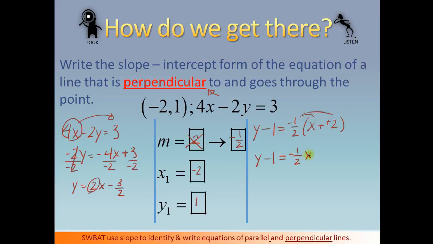Negative 1/2 x, negative times positive is negative, half of 2 is 1. I'm going to add 1 to both sides. That's going to become 0. So this becomes the equation of the line that is perpendicular to this equation and goes through this point. Okay, that was quick review for 1.1, day 2.